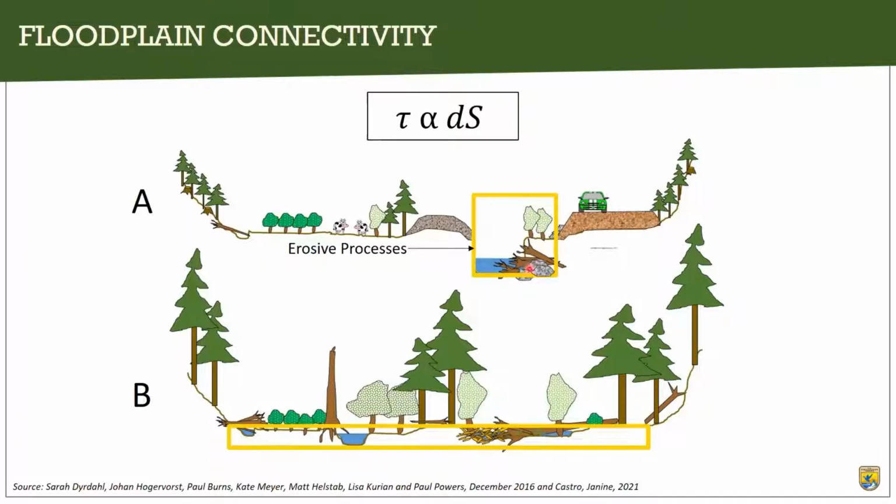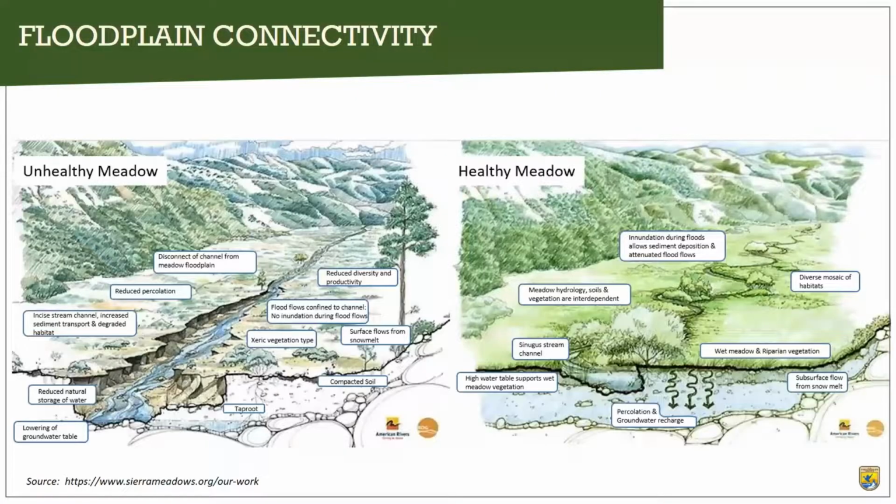Channel armoring is going to be required to prevent bank erosion and failure of that road. In section B, if we size the bankfull channel correctly, the flows will spread out into this greater floodplain area when they're over the 1 to 2 year flood event or over the bankfull discharge. They're going to slow down and deposit their sediments, and we're going to have depositional processes in the floodplain. So basically, moral of the story is life is easier if we don't fight with Mother Nature.